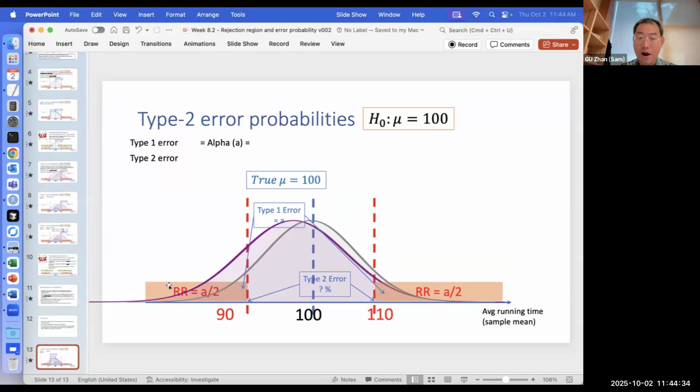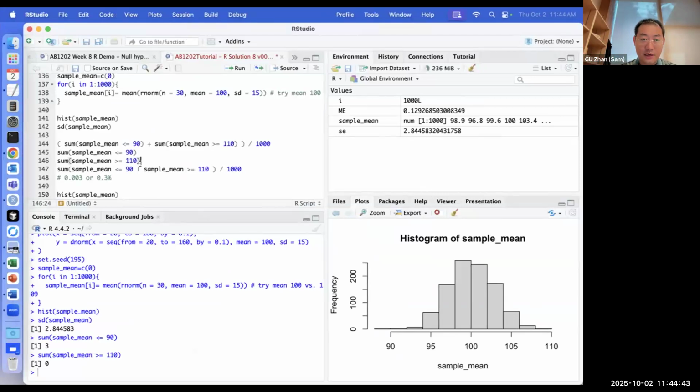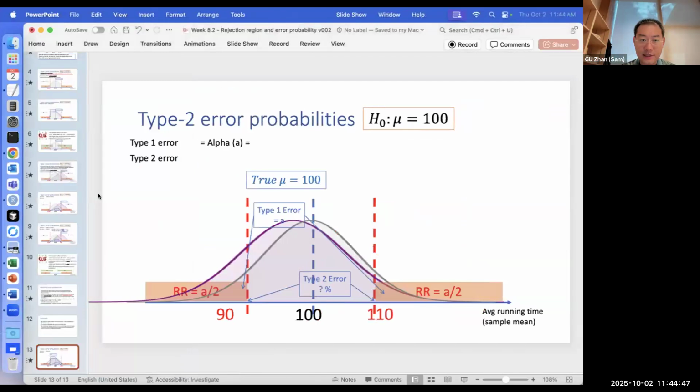So your type 1 error is 3 plus 0 divided by 1,000, which is 0.003, or 0.3%. So in fact, here we can reverse calculate this alpha is 0.003. It's a very small number.